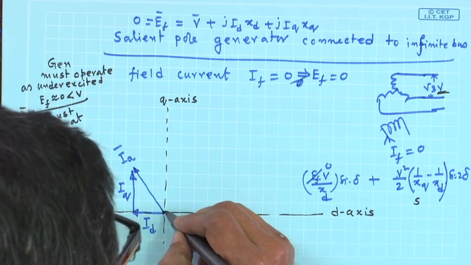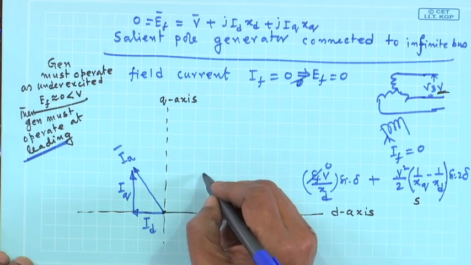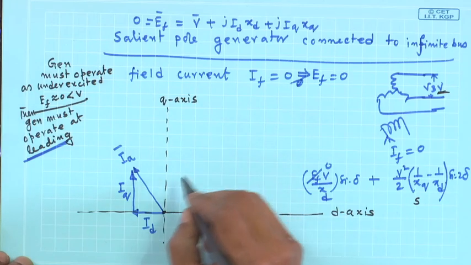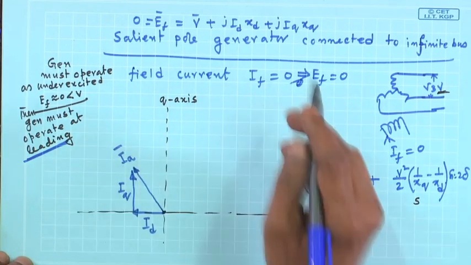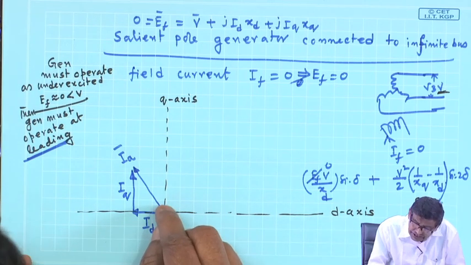So, V must be behind that, V must be in this quadrant. It cannot be here in any case, because then V would be ahead of EF. EF equal to 0 may disturb you, but imagine the field current is vanishingly small, very close to 0. So, EF is there along Q then.